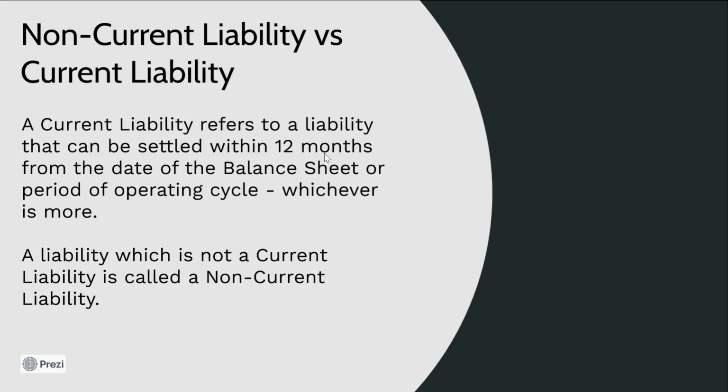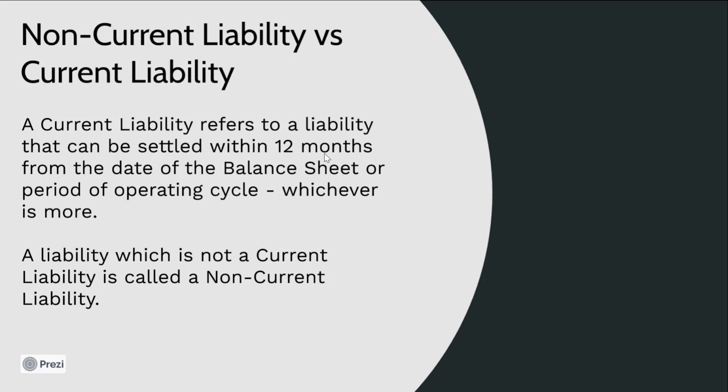So what this means is, if the operating cycle of a company is 18 months, then any liability which should be settled within 12 months or 18 months, whichever is more. So in this case, 18 months is more.